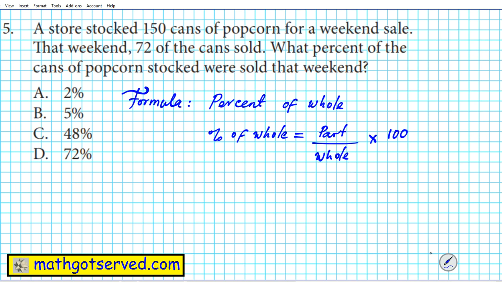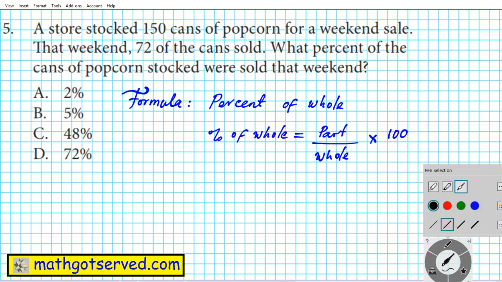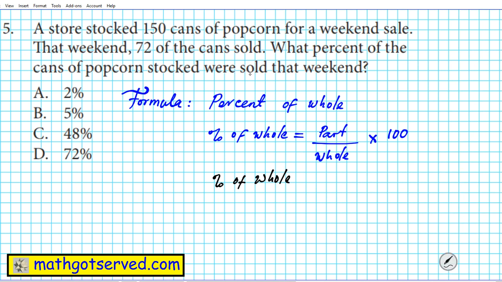Okay, so now let's adapt this general formula for percent of whole to this particular case. The whole here is the percent of whole number of popcorn sold, which is equal to the part of the popcorn that's sold.